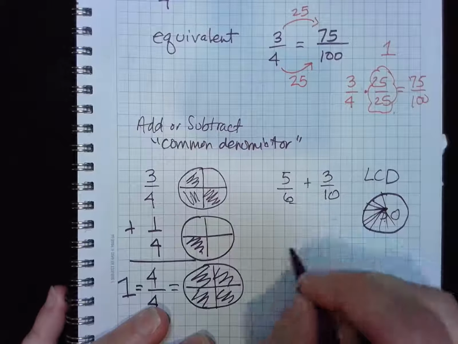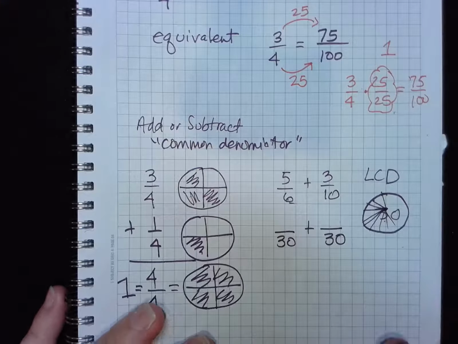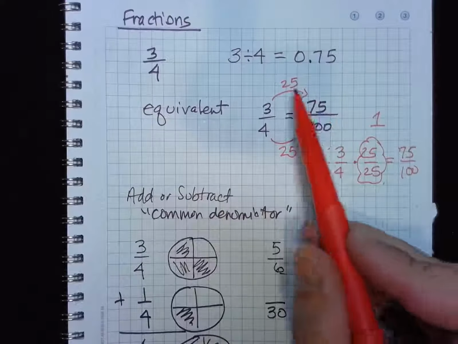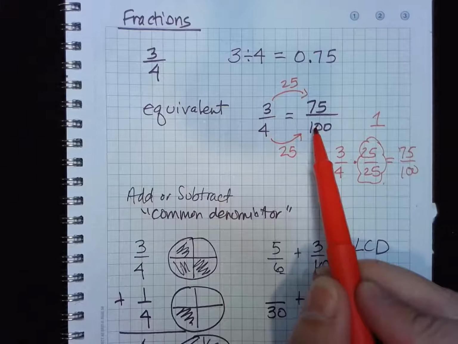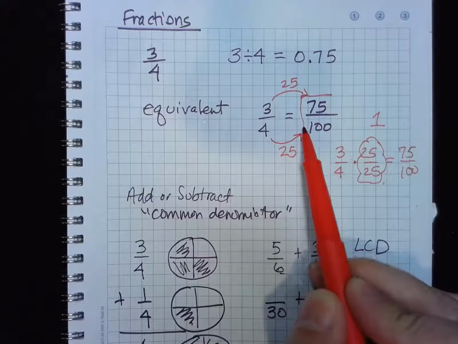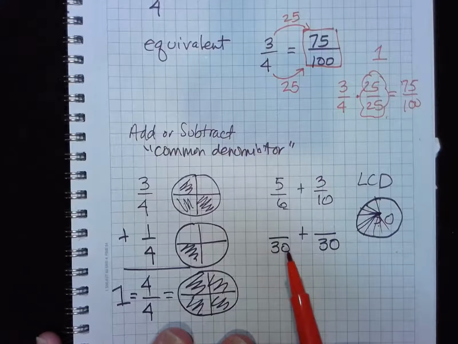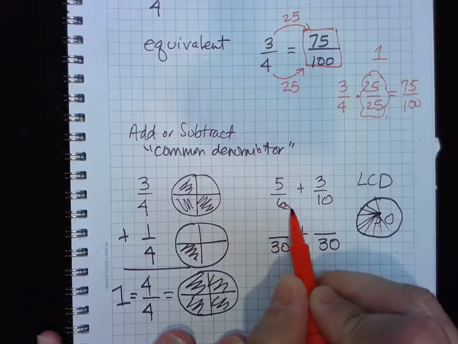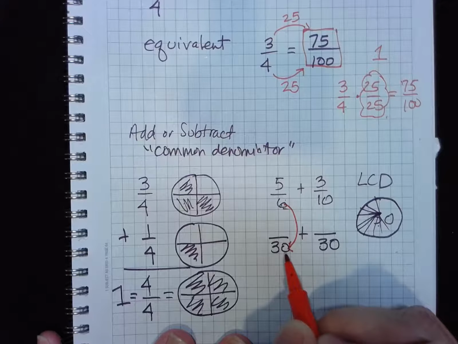So in doing that, we would have to rename our fractions. In order to rename our fractions, we use multiplication. We don't want to change the value of the fraction. We only want to change its name. So we have to get our denominator to be 30. We ask ourselves, what would I have to multiply by to make this 6 go to 30?